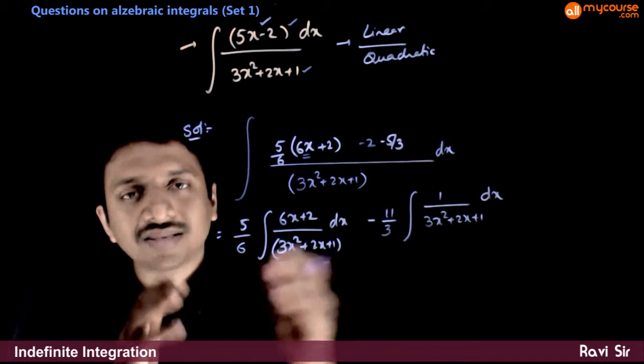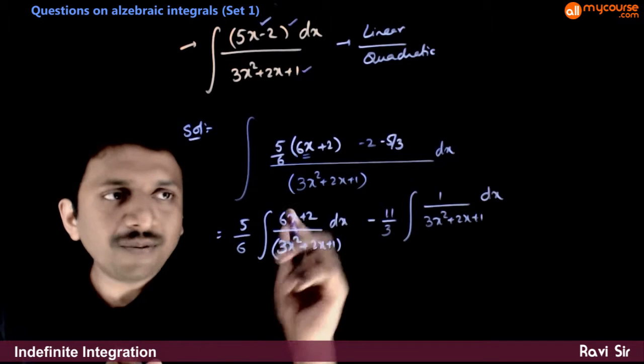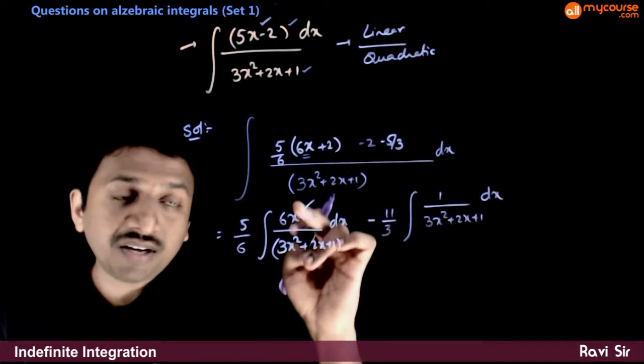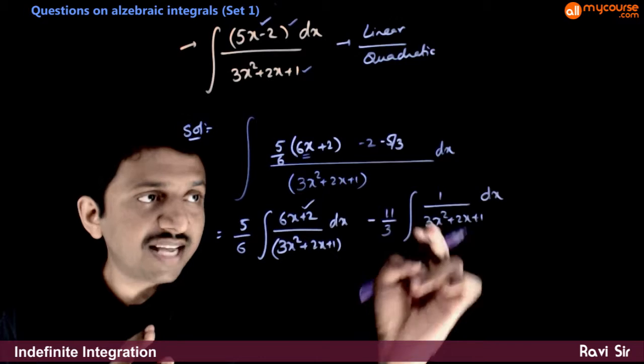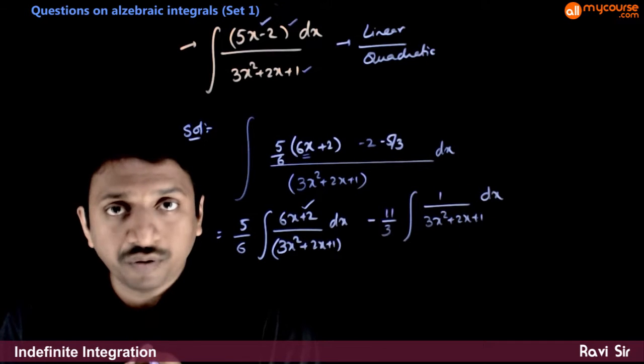Now this has got separated into two parts. In one part you have the differentiation of the denominator in the numerator. And the second part is 1 by quadratic, which we know how to do.